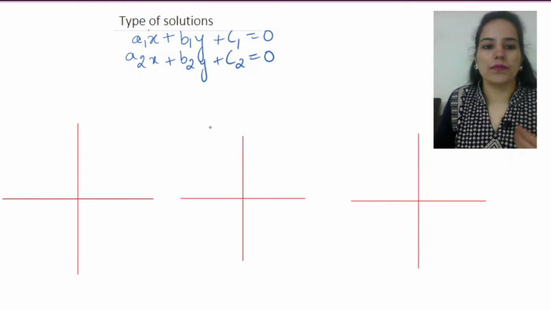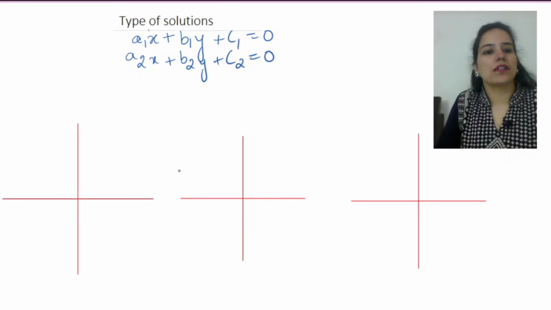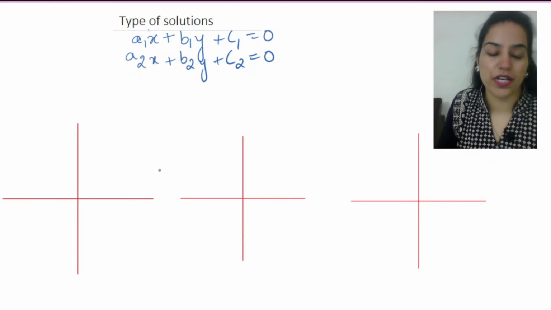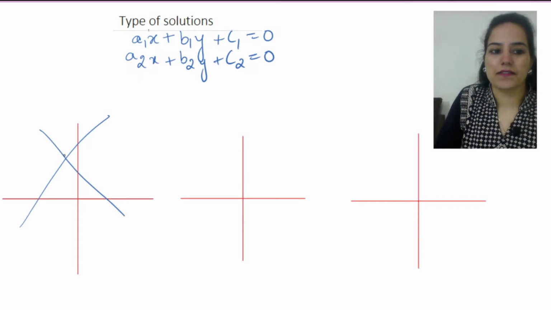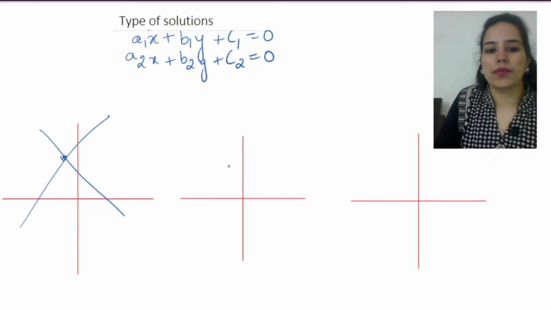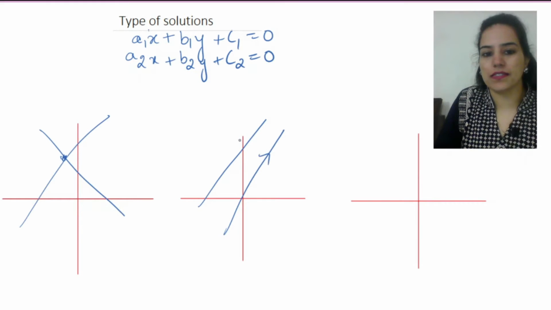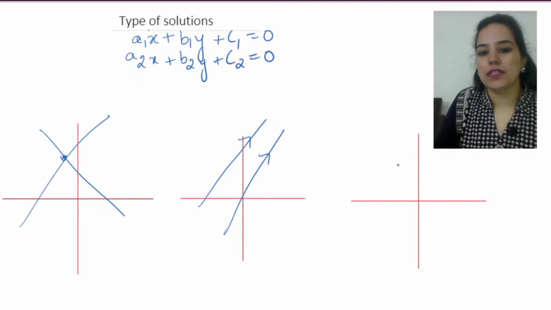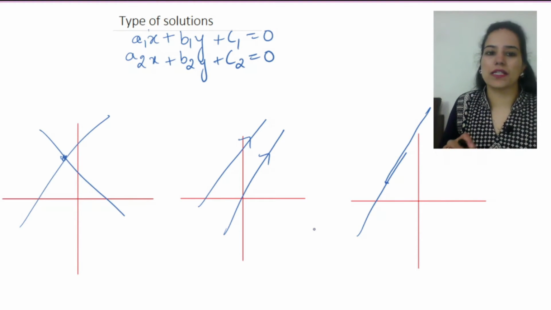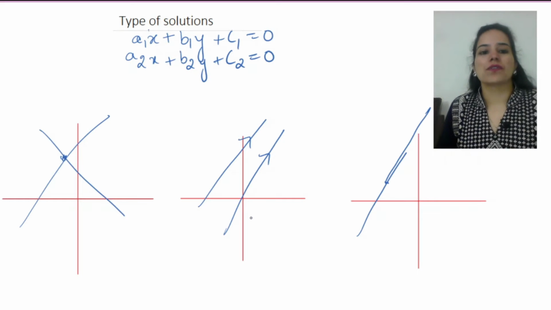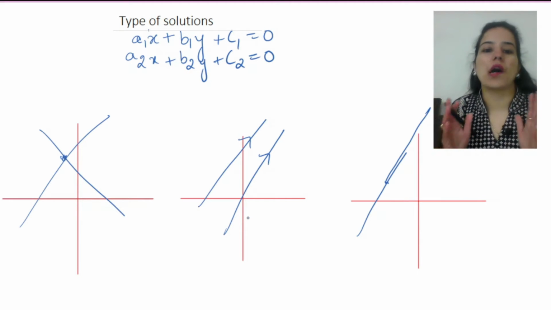When you plot them on the graph, there are three possible options which we have already discussed. Either there will be intersecting lines, or parallel lines, or coincident lines, that means one over the other. I'm just showing it to see the difference. Otherwise, they're completely overlapping. So these are the three possible outcomes on the graph.